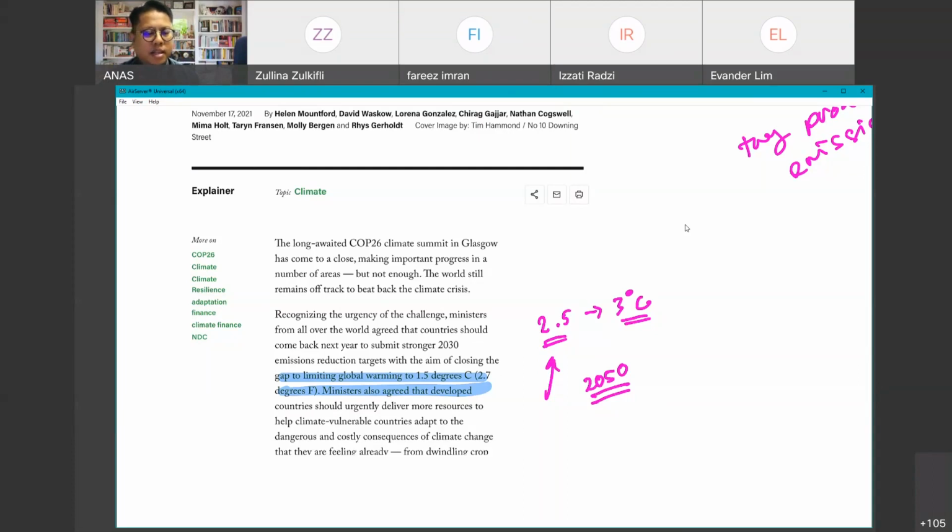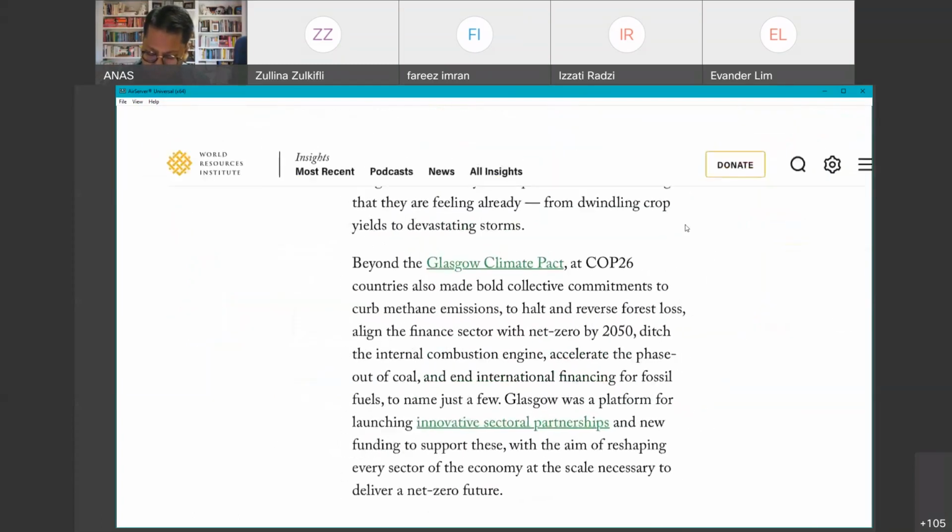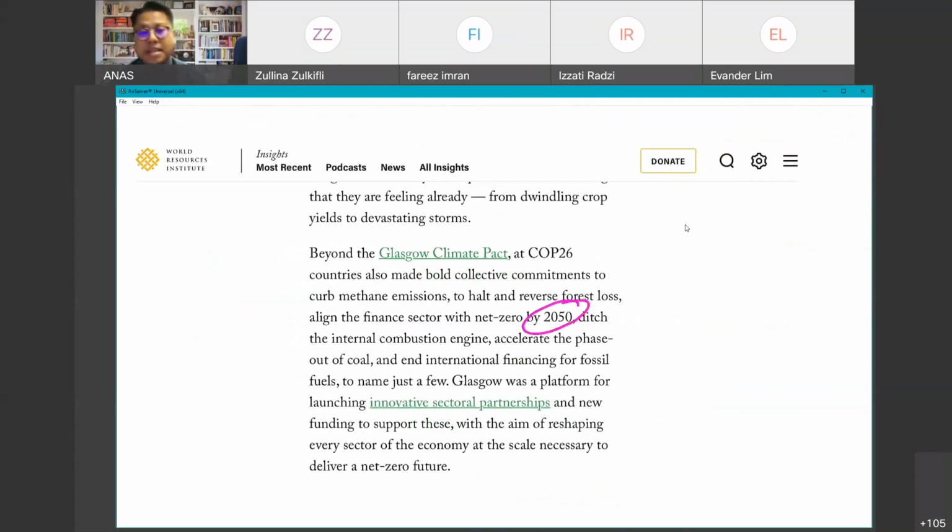For example, instead of petrol car, diesel car, we now move into using electric car. So that's the aim, net zero carbon by 2050. Okay, so it's very, very interesting. But again, as I said, it's not about my generation or someone's generation. It's about all of us.